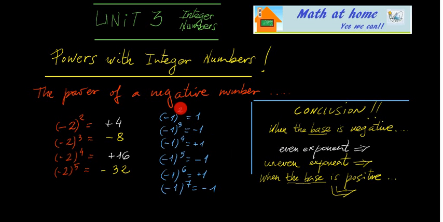So, in conclusion, when the base is negative and you have an even exponent, like 2, 4, 6, 8, 10, the result is going to be positive. And when you have an odd exponent with a negative base, the result is going to be negative.